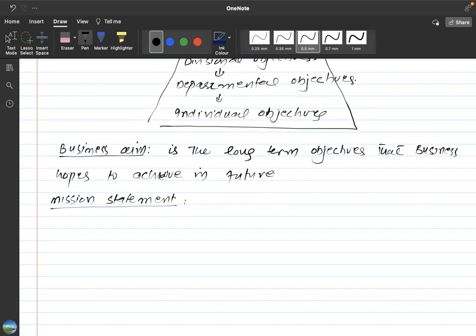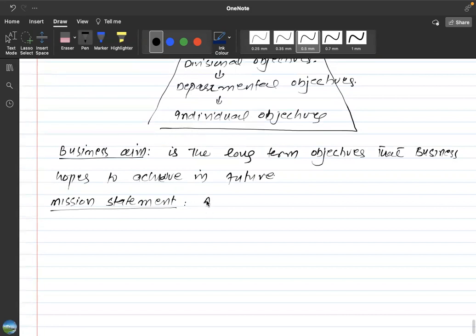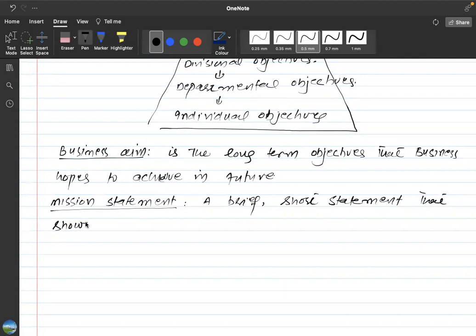A statement that is brief, short, but shows the core aims of the business is called mission statement. A brief, short statement that shows the core objectives of business.